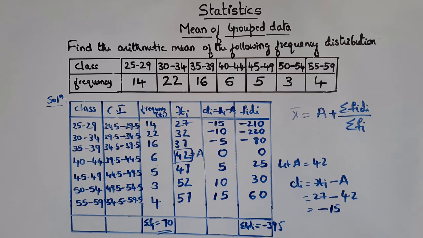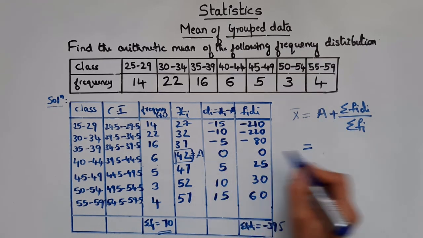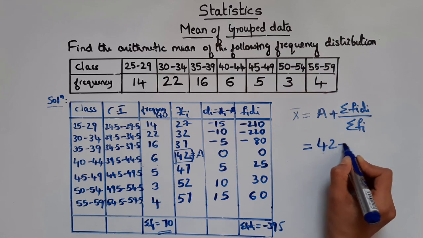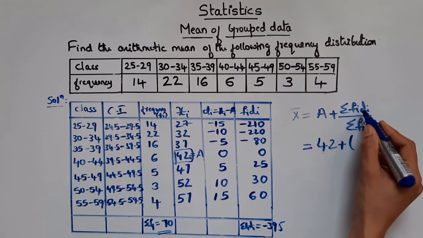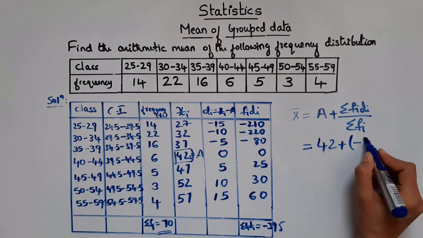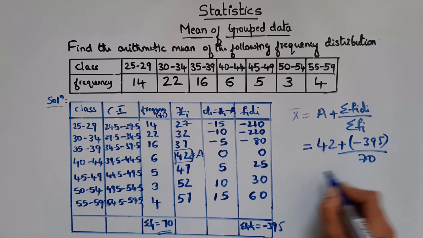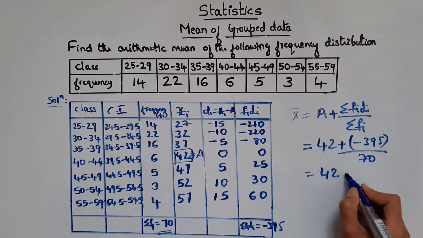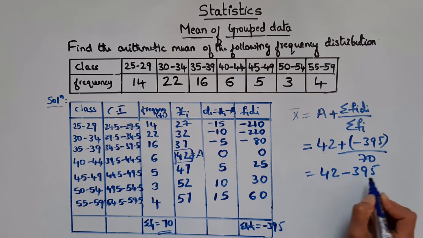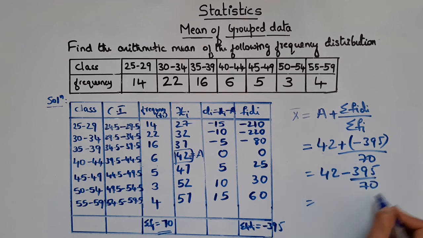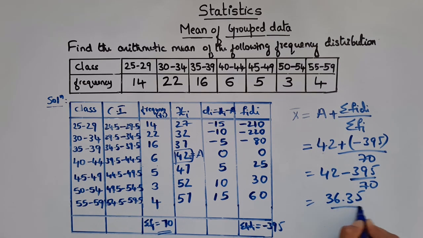Mean is equal to A, which is 42, plus sigma fi di, which is minus 395, by sigma fi, which is 70. So this is equal to 42 minus 395 by 70. When you simplify this, this will give you 36.35. So your mean is 36.35.